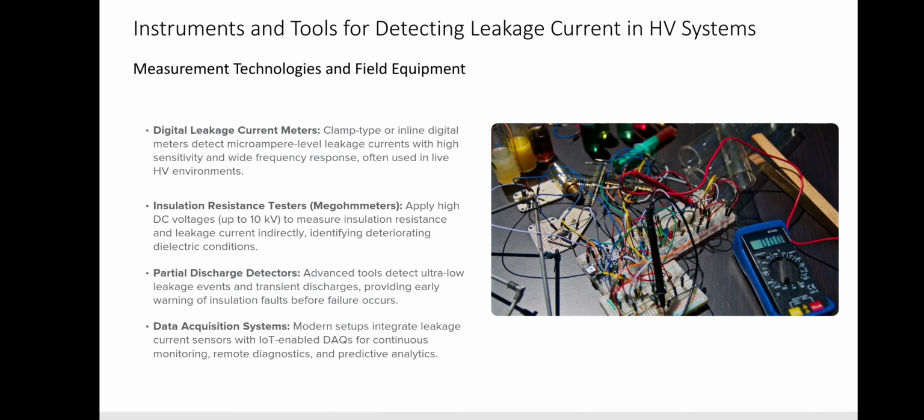Instruments and tools for detecting leakage current in high voltage systems. Measurement technologies and field equipment: digital leakage current meters, clamp type or inline digital meters, detect microampere level leakage currents with high sensitivity and wide frequency response, often used in live HV environments.